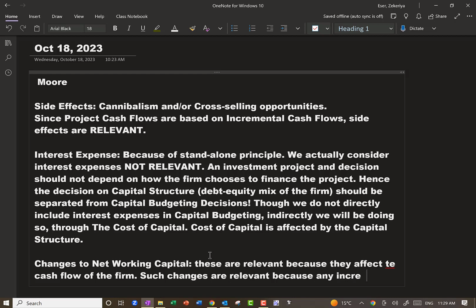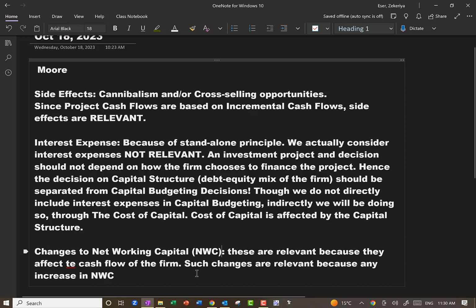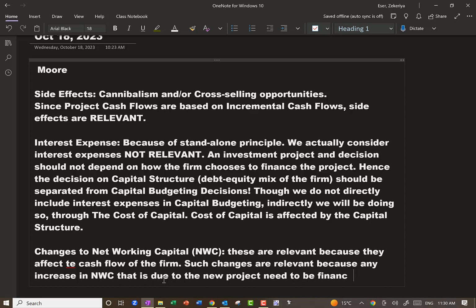Because any increase in net working capital that is due to the new project needs to be financed.